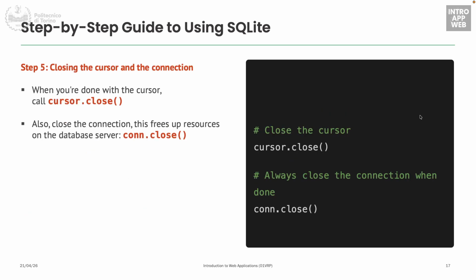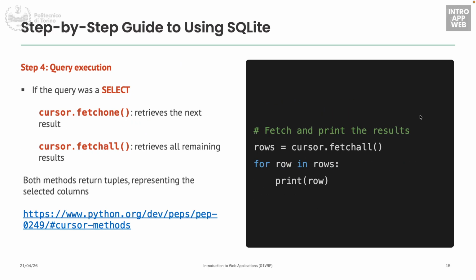There is a case we haven't seen so far, but it is simple. It's simpler than this one. It is the case when we execute a select, no? Because when we execute a select, we are getting something from the database. In the case of insert, we're doing some modification in the database. In the case of the select, we are getting something.